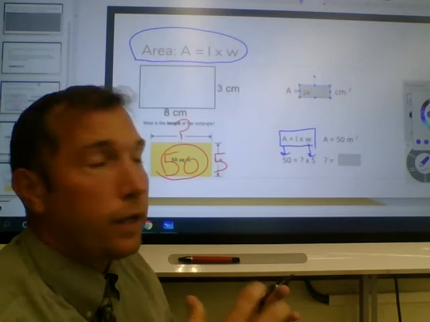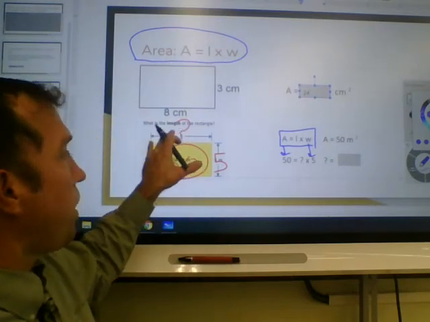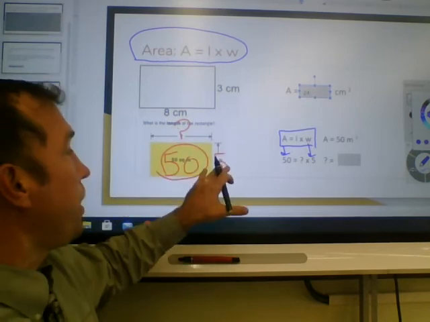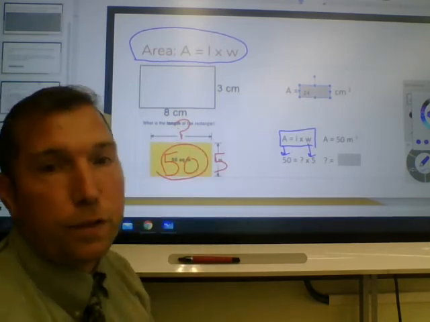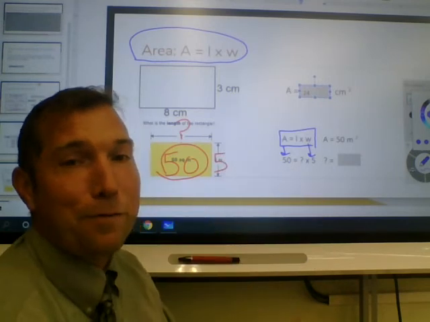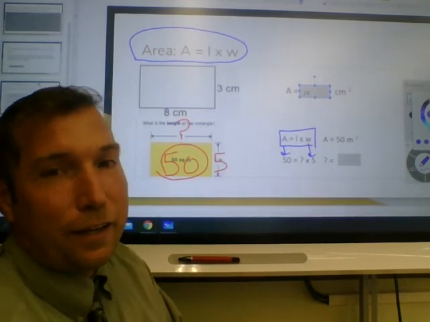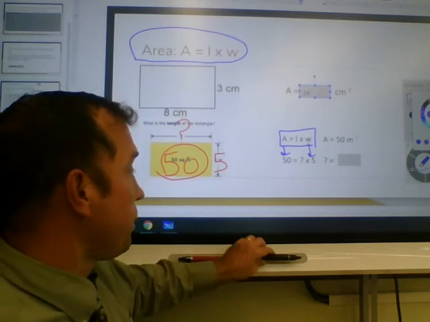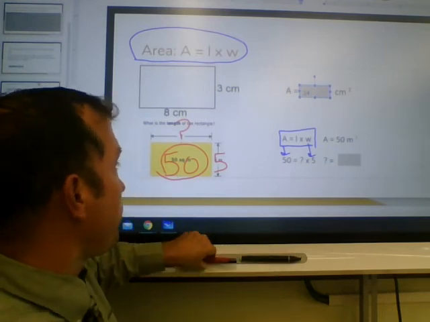And I'm trying to figure out, well, what does that side have to be? It has to be whatever that side is times 5 to make the 50. And if you sit there and you skip count by 10, or sorry, skip count by 5, you just gave the answer away. Okay, or some of you might know the trick that when you put that 0 on the end, that means you times it by 10. That would be my missing dimension.